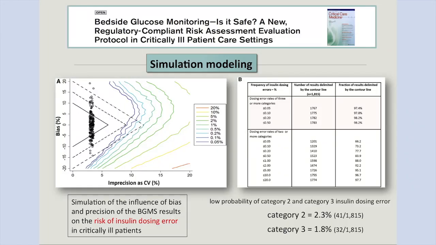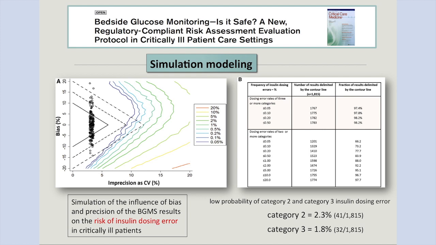So if they have that high glucose, we want to be able to identify them. And clinically, we're going to give them insulin. So we have to have something appropriate for directing our insulin and the dose of insulin we're going to give the patient. One way of assessing clinical risk is to assess potential errors in insulin dosing, and what effect bias and imprecision have on that.